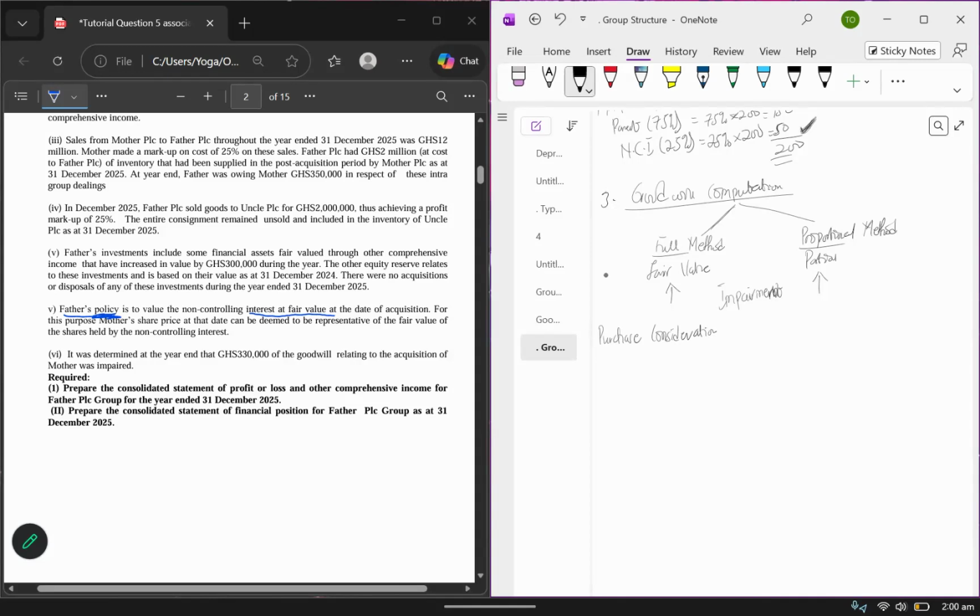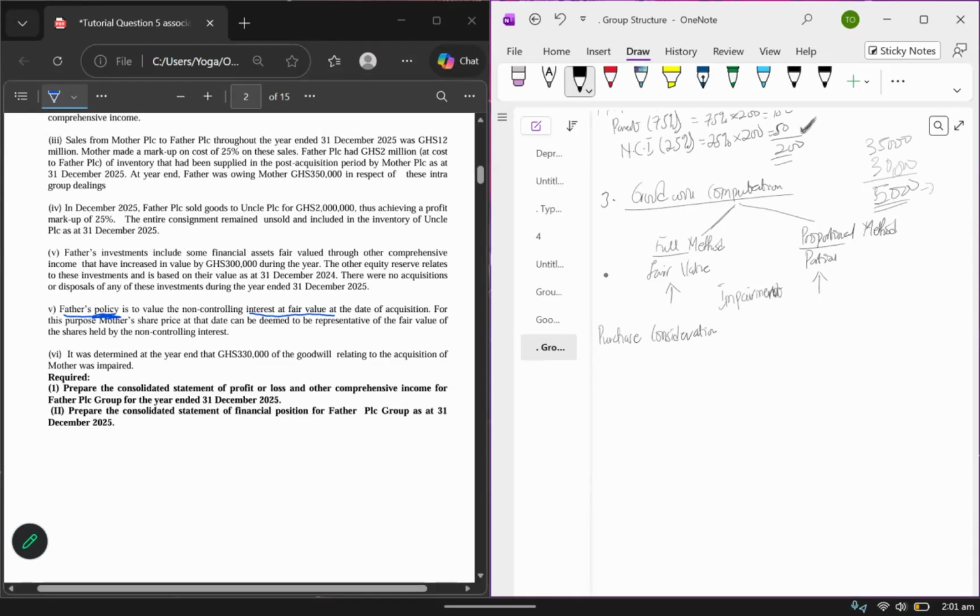Okay, so let's say you are buying the net assets of the subsidiary, and the value of the net asset is 30,000, and you are paying 35,000. So you see that the difference is 5,000. This 5,000 is the goodwill.